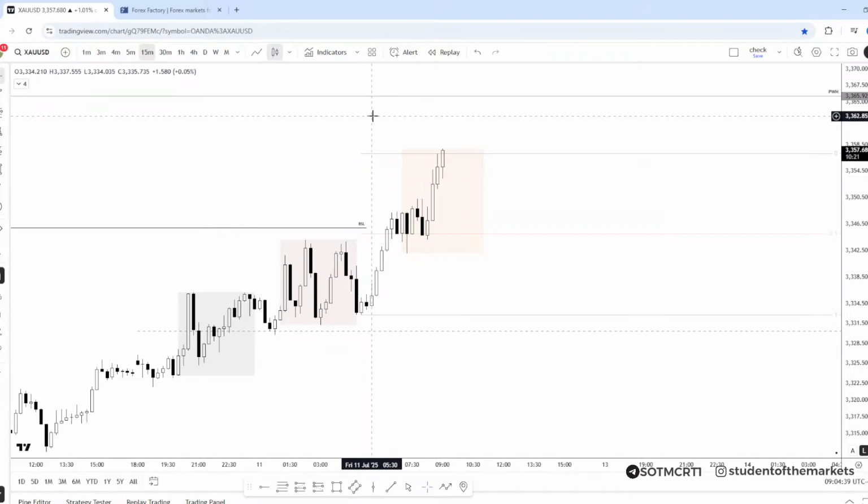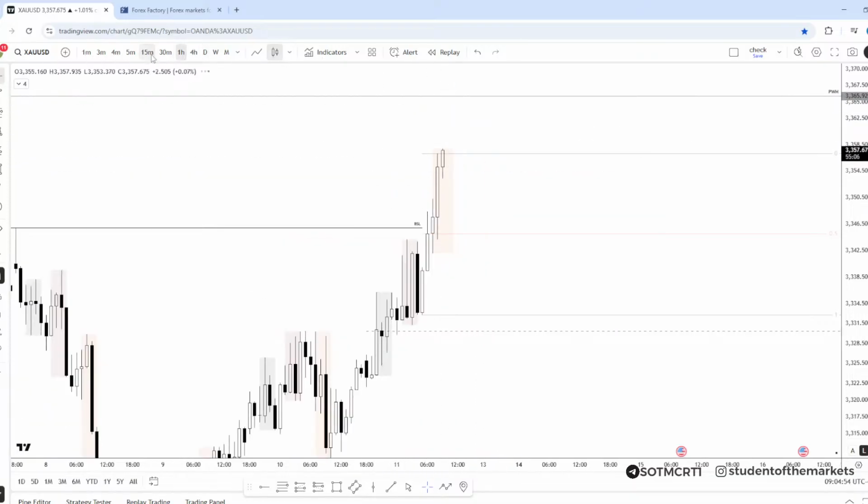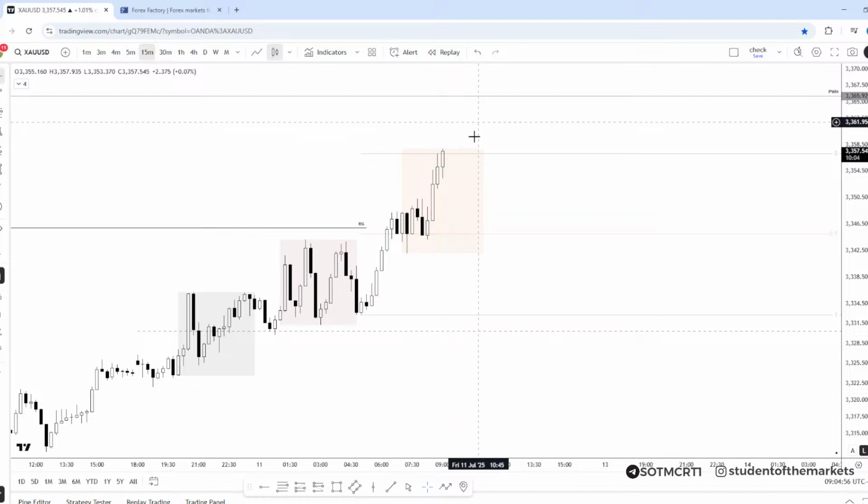We'll have to wait and see how price sets up for 10 a.m. at this point, because I want to see how this 1 hour sets up. If it does push to the upside, then obviously you can most likely look for sells.